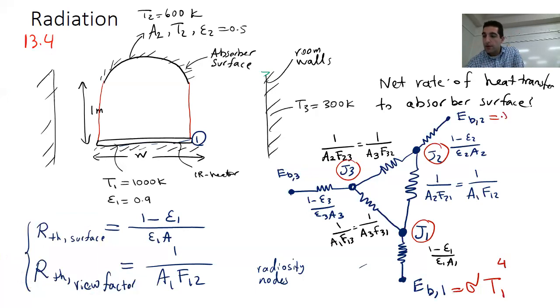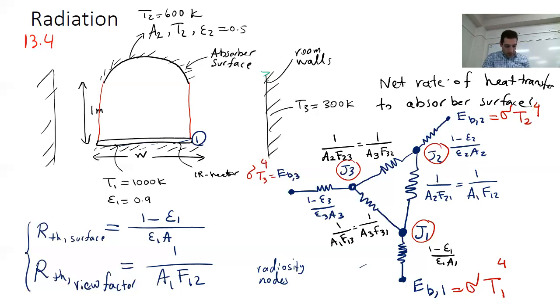Same thing here. Sigma, which is a constant, 5.67 times 10 to the negative 8, times temperature in Kelvin to the power of 4. And same thing here, which is sigma T3 to the power of 4.